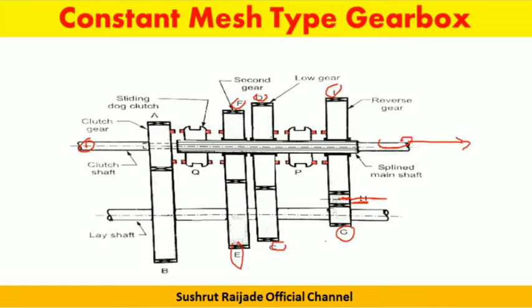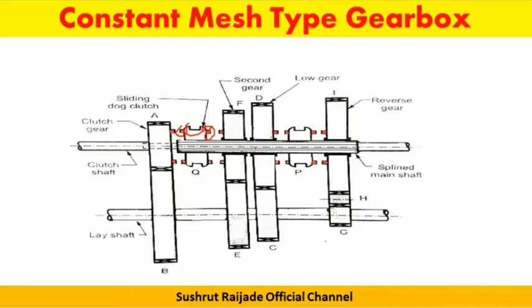Okay, now let us move towards the sliding dog clutches. These sliding dog clutches are special couplings with dog teeth provided on either side. Here you can see dog teeth are provided, and these dog clutches can slide on this splined main shaft.